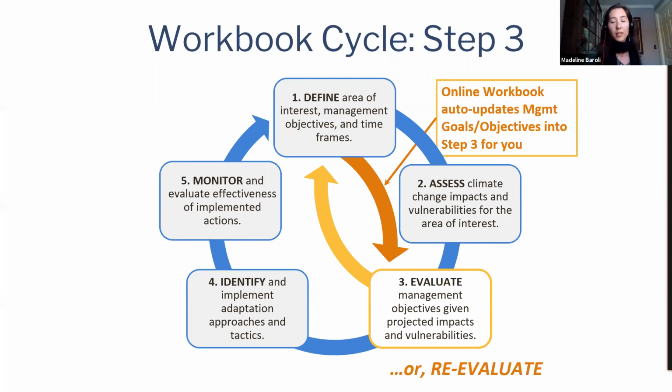So if you revise them in step 1, that's going to carry through for the rest of the workbook. This isn't something that happens very often. It is a chance to go back and reevaluate these objectives and change them, but most people stick with what they have. It's more just an opportunity for reflection and reevaluation if you feel like you need it.